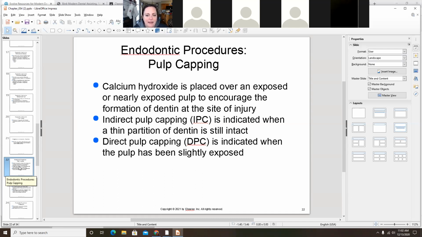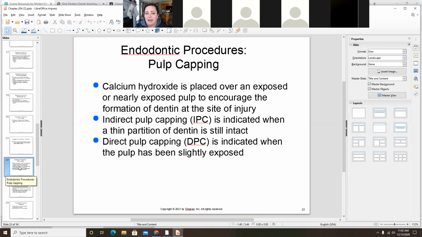Indirect pulp capping is indicated when a thin partition of dentin is still intact. So it's almost near the pulp, but there's still a little bit of dentin, okay? Direct pulp cap is indicated when the pulp is slightly exposed. So either one of these, we can place calcium hydroxide on.